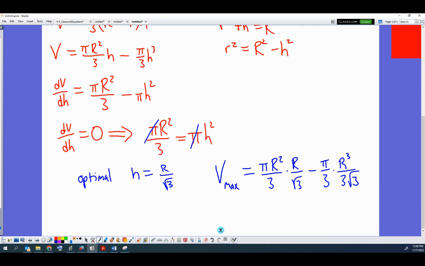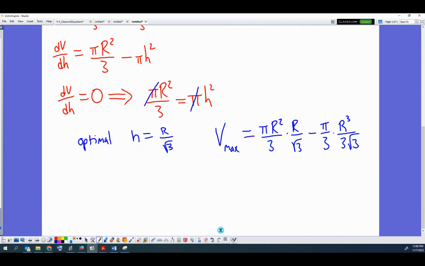And so I want to put this together. I could factor out the pi over 3, and that leaves 1 over the square root of 3 R cubed. I'm going to need another 3 in the denominator over here, so I'll just go ahead and do that right now. I'm going to have 3R cubed over 3 square roots of 3 minus, I took a pi over 3 out already, so that's just going to be 1R cubed over 3 square roots of 3.